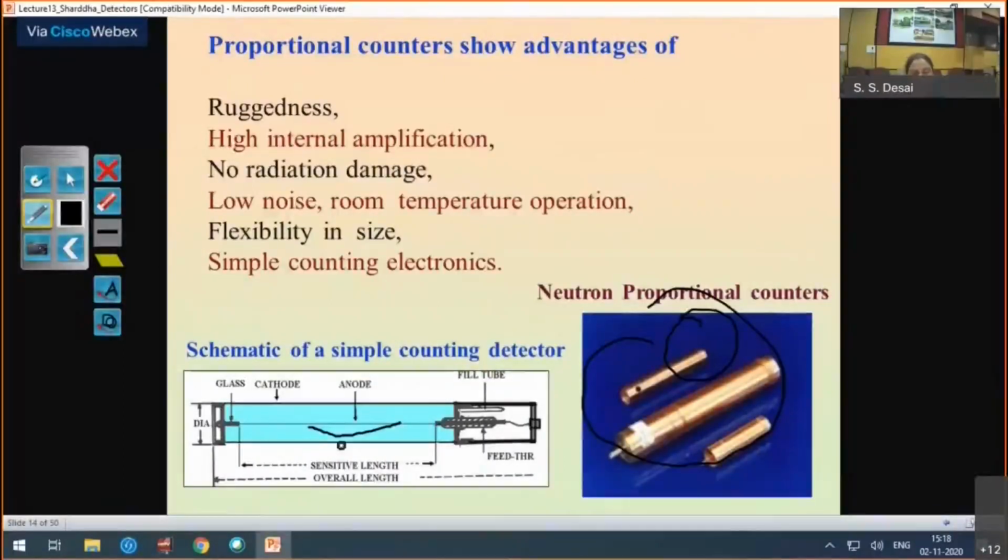You can choose 25 micron, 10 micron as per the requirement. This wire thickness determines the operating voltage of the detector. So you have a casing, a very thin wire, and a gas filling in this detector, which gives a simple hardware of the detector structure.